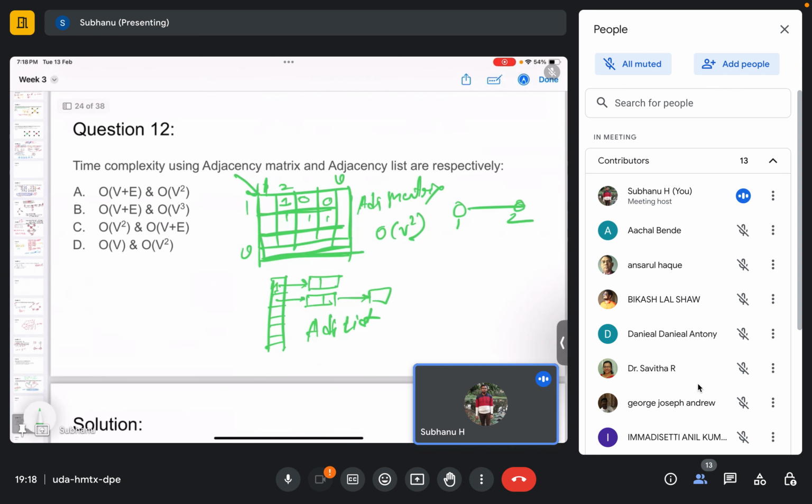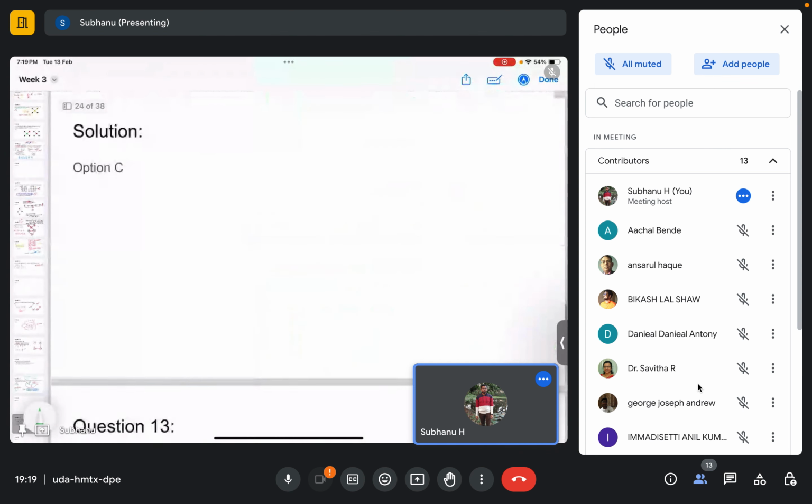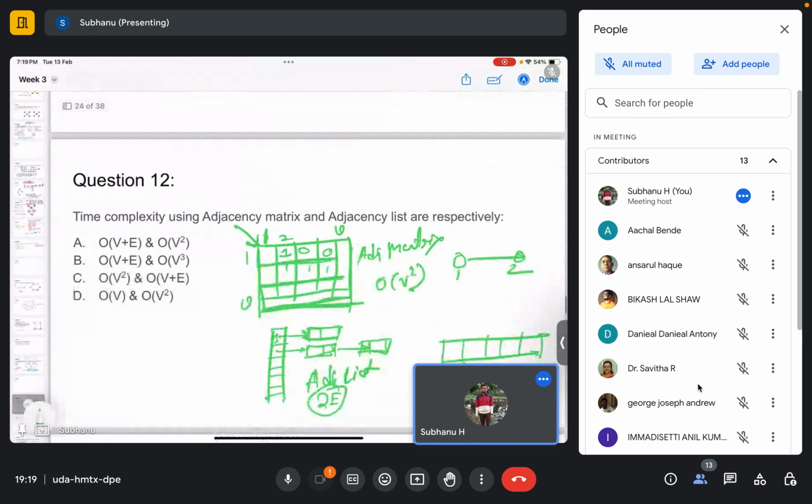For the adjacency list, you create a visited array which takes order of V time, and because the adjacency list has 2E linked list nodes in total, your time will be order of V plus 2E, which is order of V plus E.